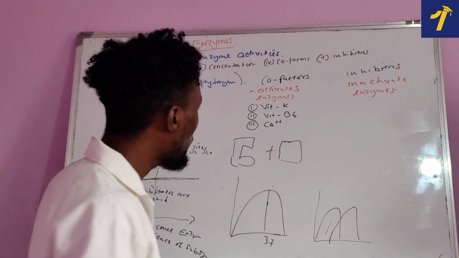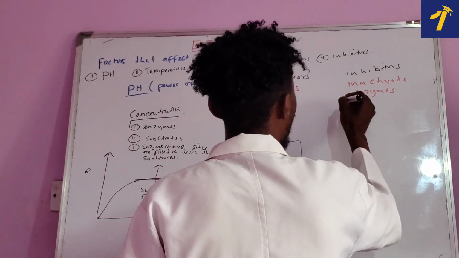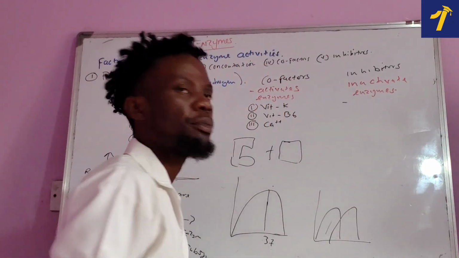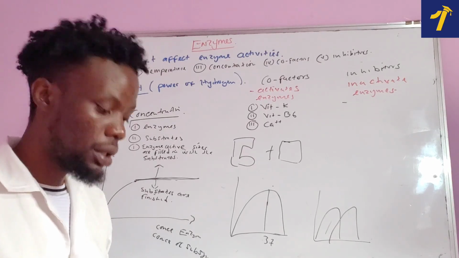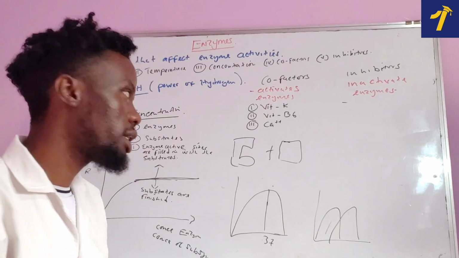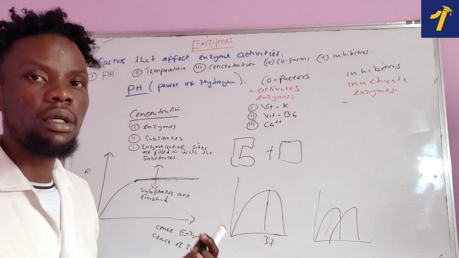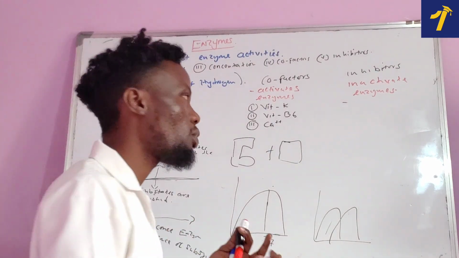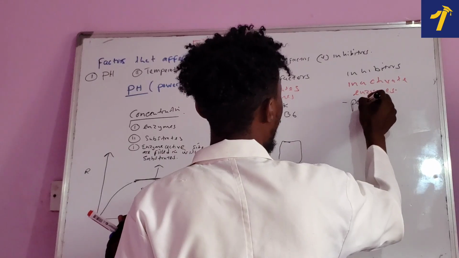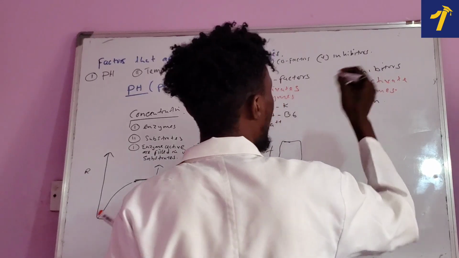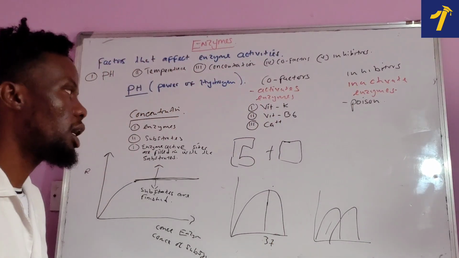Now, what about the inhibitors? What could be good examples of inhibitors? There are a lot of inhibitors in our body, but in simpler terms, remember one good example of an inhibitor: poison.